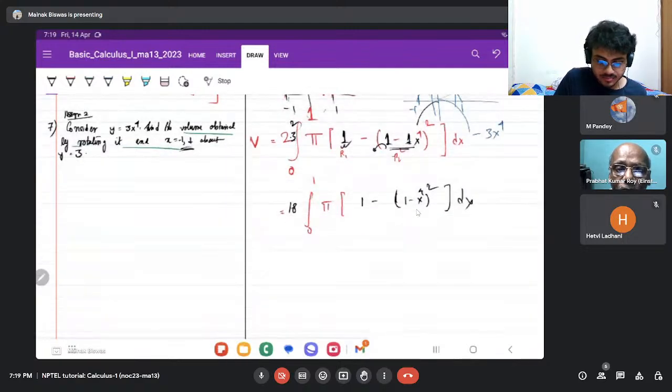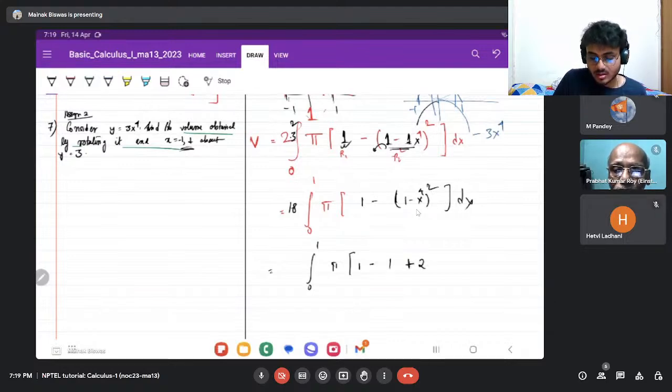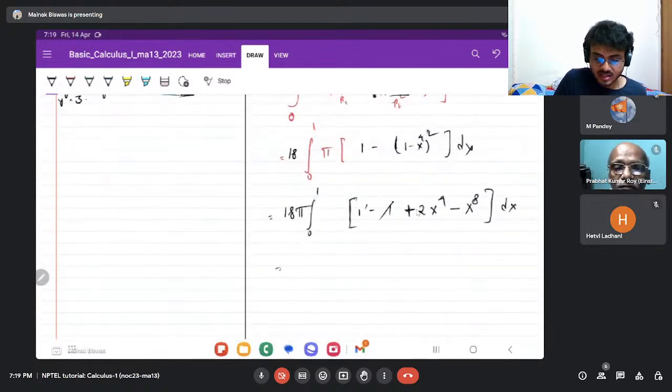So this is 0 to 1, 1 minus 1 plus 2x to the power 4 minus x to the power 8, into 18, right? So this cancels, so you are left with 2 by 5 minus 1 by 9.